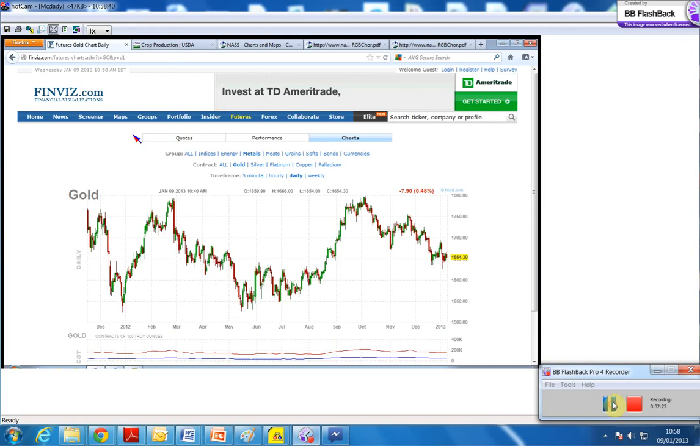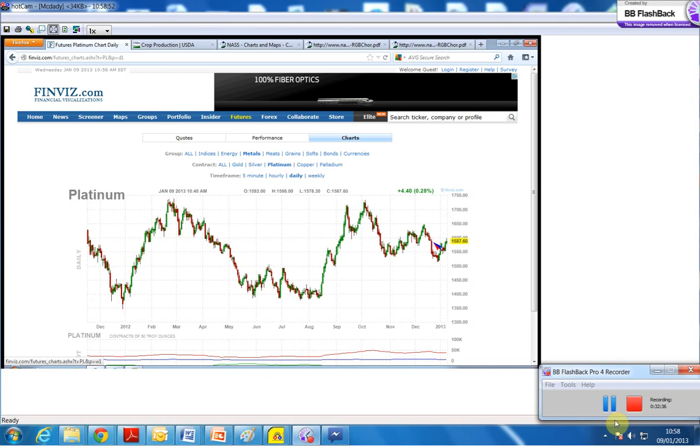I will go to TradeStation now to put the metals, the gold and the silver. I don't have platinum and copper on TradeStation, so we'll do the platinum and copper here. Platinum is a very big contract, and it's heavy. I mean, and it's quite volatile.